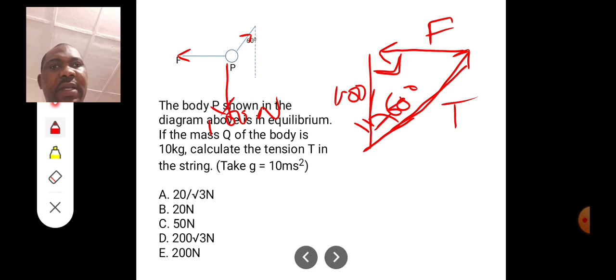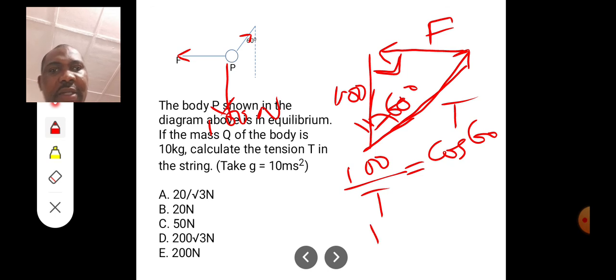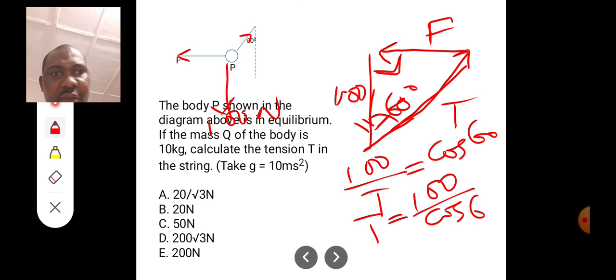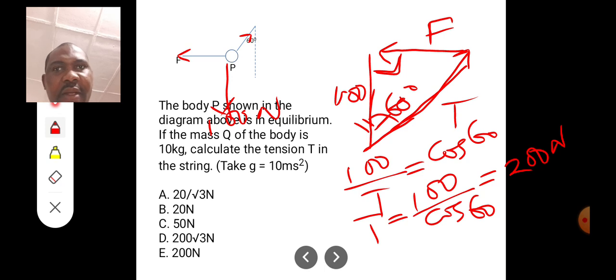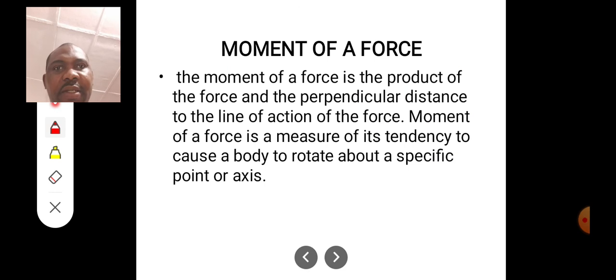So we can say that 100, which is adjacent, all over T, which is the hypotenuse, is equal to cos 60. So that means T will be equal to 100 over cos 60. Use your calculator. 100 over cos 60 will still give us 200 newtons. That is to show you how correct both formulas are.